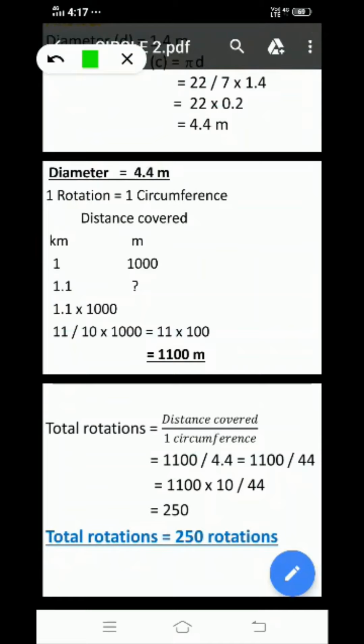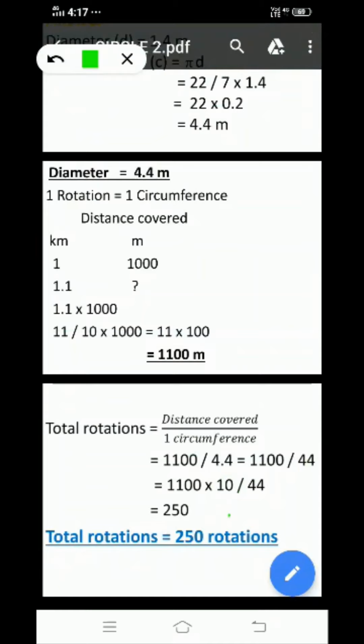Again I am removing the decimal point, and if I remove the decimal point, then the decimal point will be shifted up, and here will be 10. So 10 into 1100 divided by 44, and the answer becomes 250 rotations.